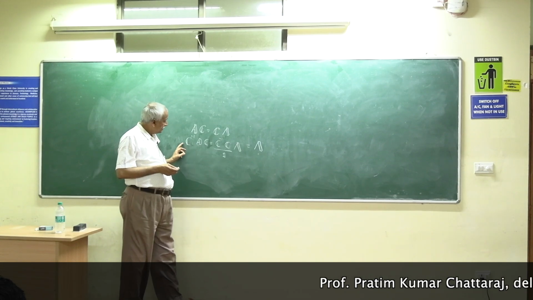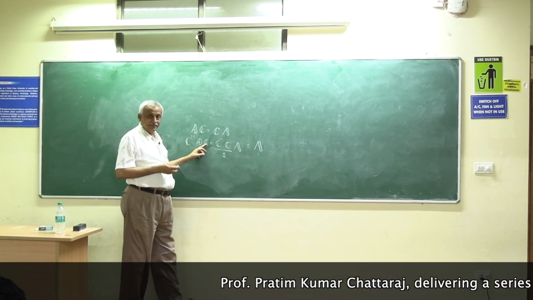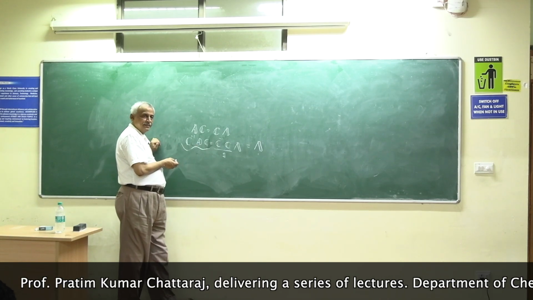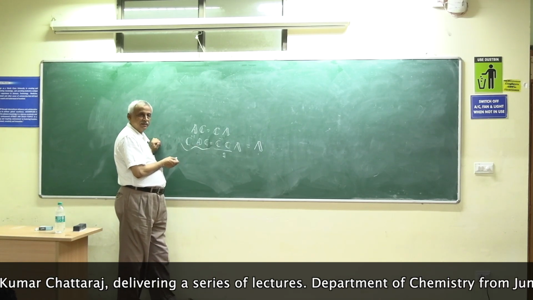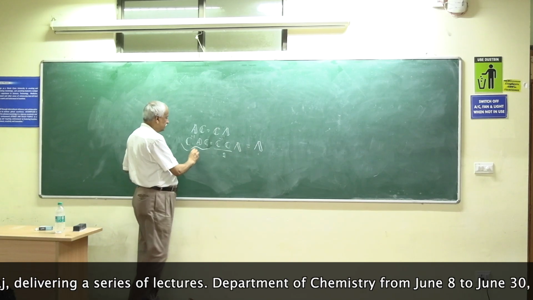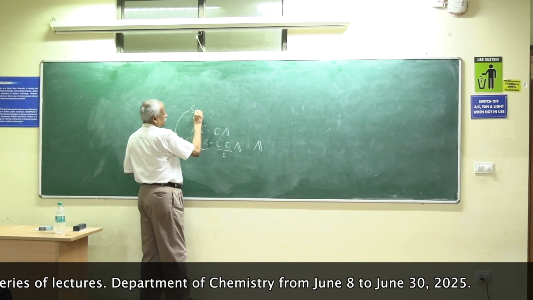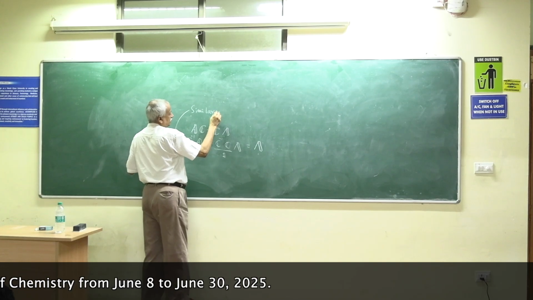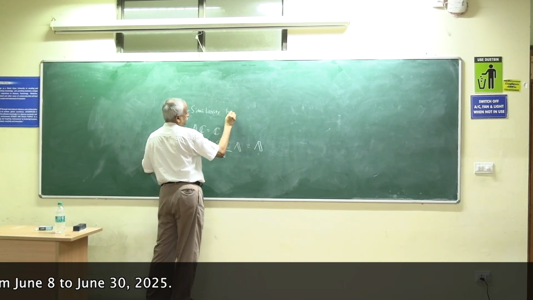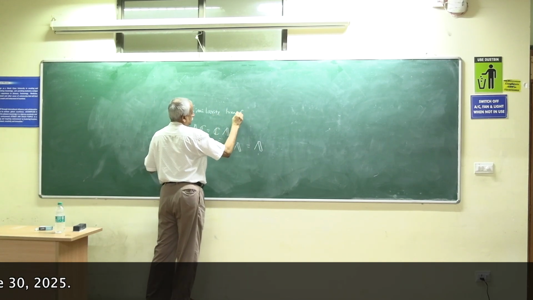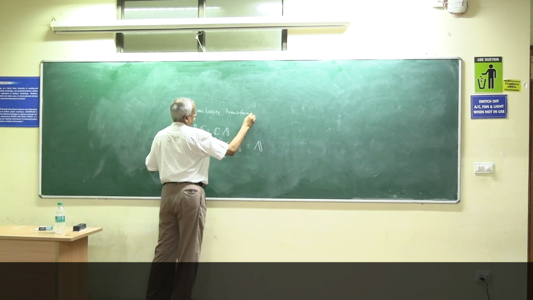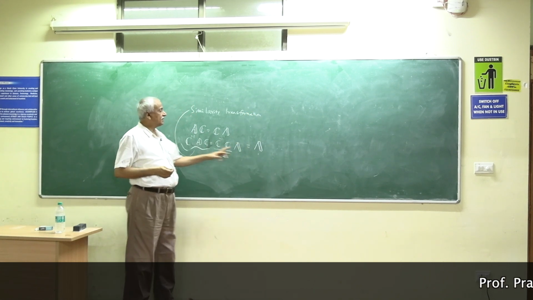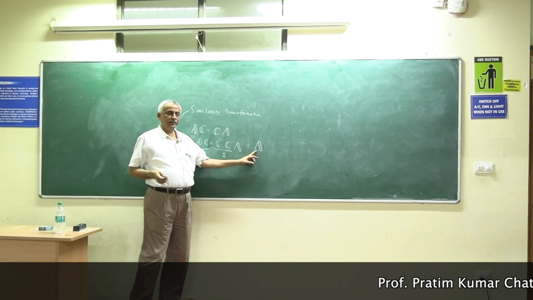So if I write C inverse AC, this process, in group theory you will learn in many places, is called similarity transformation. So this is the diagonal matrix.